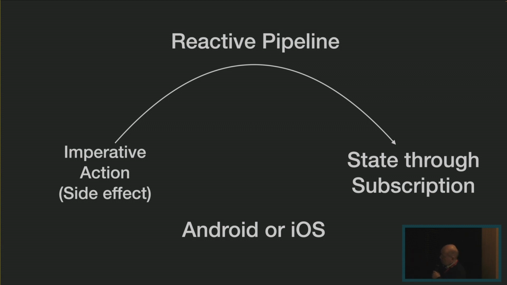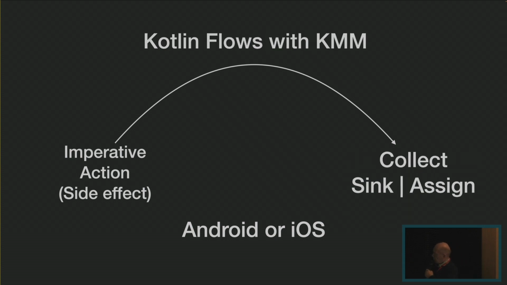So the idea is to have this imperative action, the reactive pipeline, and a subscription, which is called collect on Kotlin Flows, and which is sync or assigned with combine. I will go back to the difference between combine and async sequence.